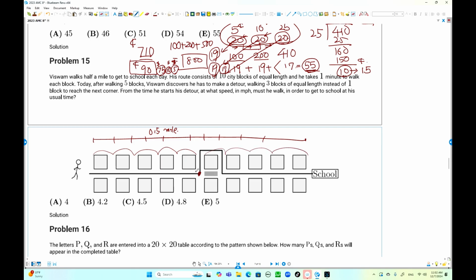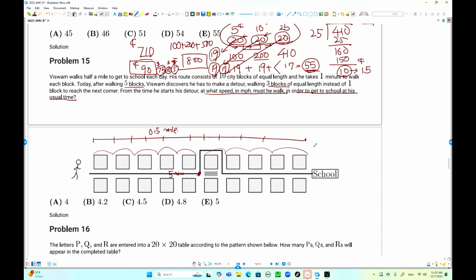Okay. So 3 blocks after 5 blocks. Okay, 3 blocks of detour instead of 1 block to reach the next corner. Each time he starts a detour, okay? So we're going to find what speed he must walk in order to get there at his usual time. From here to here, it takes about 5 minutes.